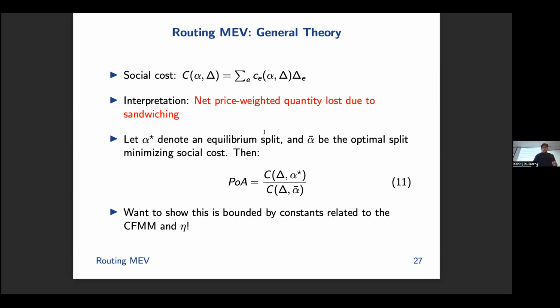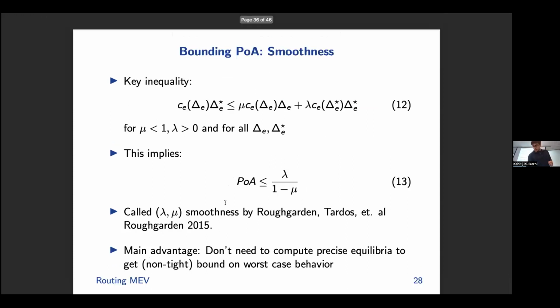So we were running up on time, but the basic way that you bound this price of anarchy here is using a technique in one of Roughgarden's papers, which is called lambda-mu smoothness.